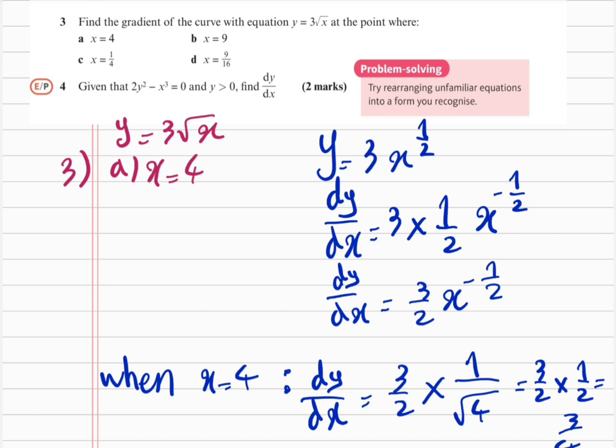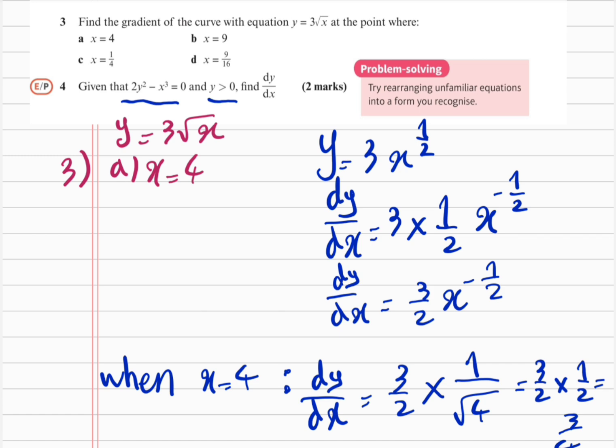Right, in the fourth question, we have the equation 2y squared minus x cubed is equal to 0, where y is greater than 0, and we want to find dy by dx. Okay, so this is important, but before that, let me remind you that when you see equations in this form, obviously in Pure 2 you will learn an elegant technique called implicit differentiation, which you can use to differentiate this equation directly.